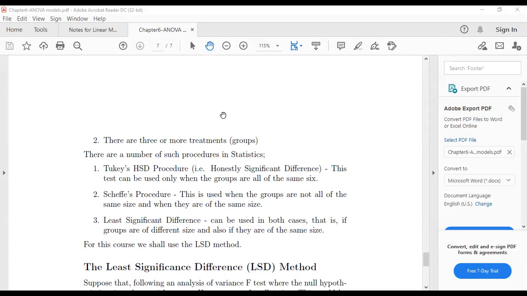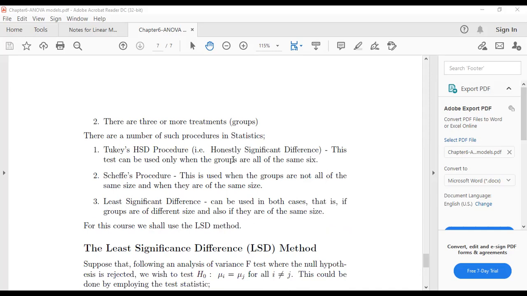The Scheffé procedure is used when the groups are not all the same size, which means even for balanced or unbalanced models, you can use it. Then the least significant difference can be used in both cases, the unbalanced model and the balanced model. That's when you can use it.